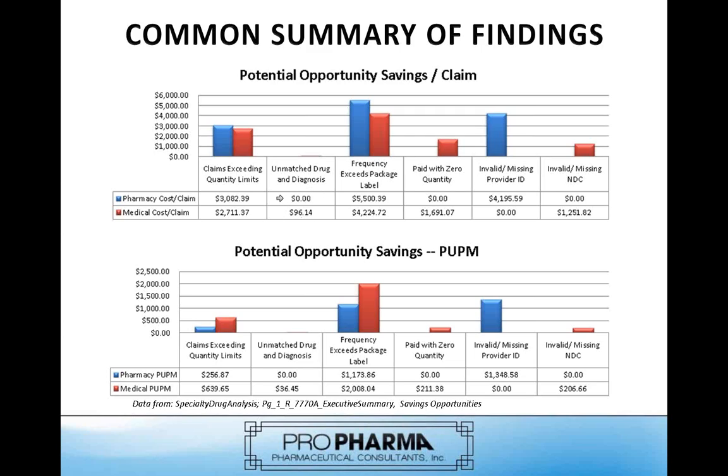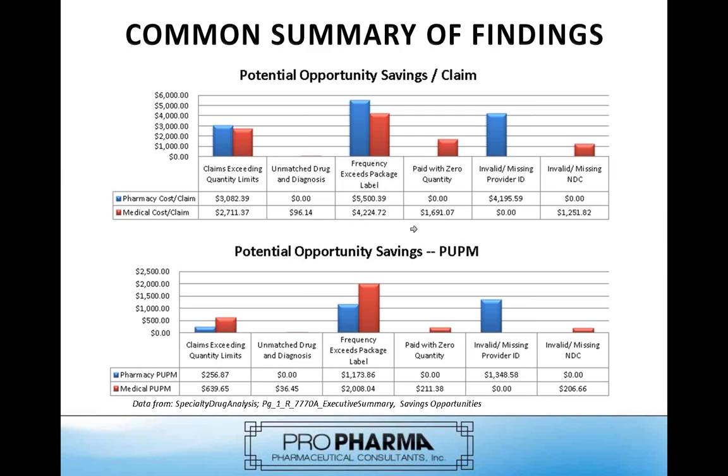More and more that's going to be overlapped, especially if you have the same patient number across pharmacy and medical, but there was a de minimis in this particular group. But the frequency, how often it was given, once a week, once every other week, et cetera, turns out to be somewhere in the $5,000 range where it's exceeding the package labeling.